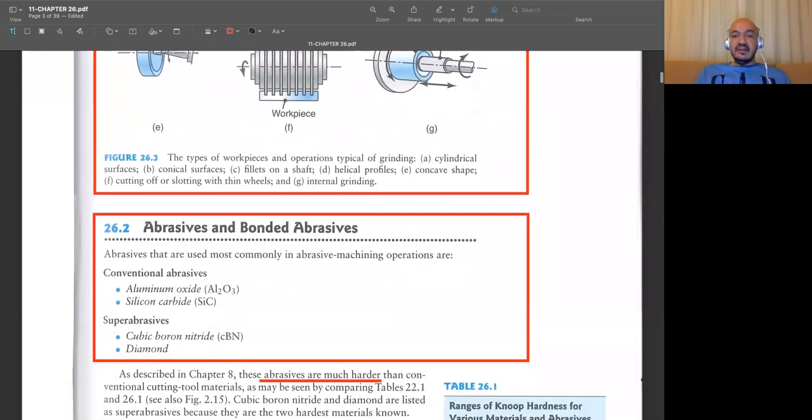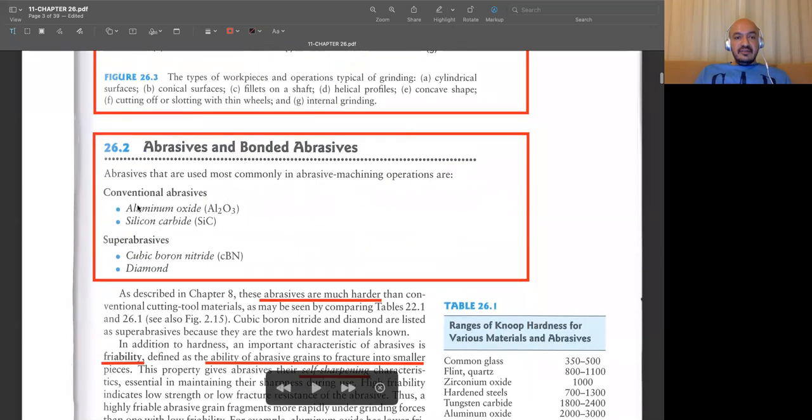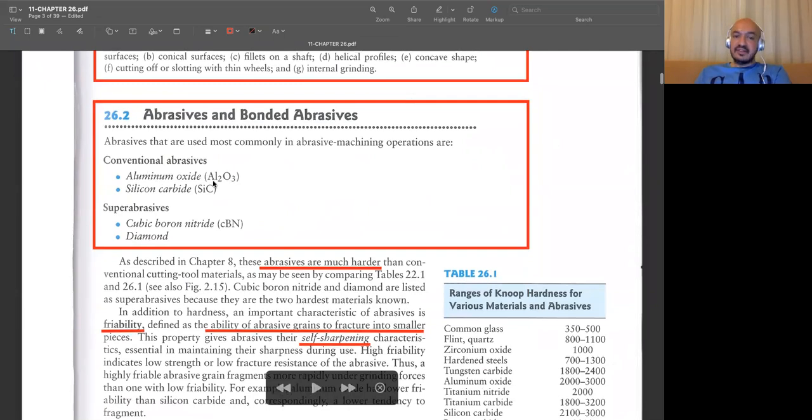But before we start discussing the operations, it's better we spend some time on abrasives and bonded abrasives. You see we have two types of abrasives, the conventional ones and the super abrasives. In the conventional ones, we have only two types: aluminum oxide and silicon carbide.